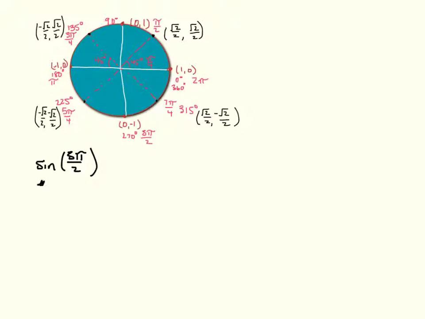My first step is going to be to look for the ordered pair at 3 pi over 2. So I go to my unit circle, and here at 3 pi over 2, its ordered pair is 0, -1.